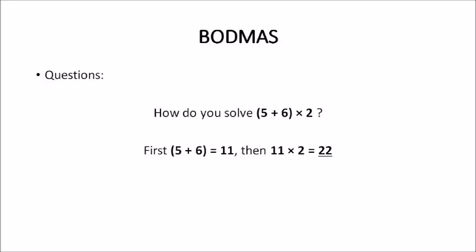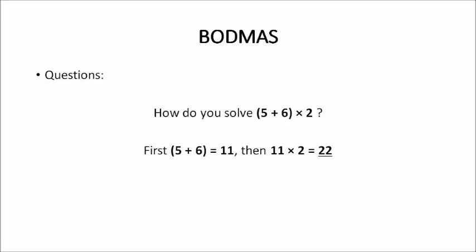According to BODMAS, you do the bracket first. So 5 plus 6, because they're in brackets, you calculate them first. So 5 plus 6 gives you 11, and then 11 multiplied by 2 gives you 22. It's simple. Always calculate the numbers that are in the brackets, and that will give you the correct answer.